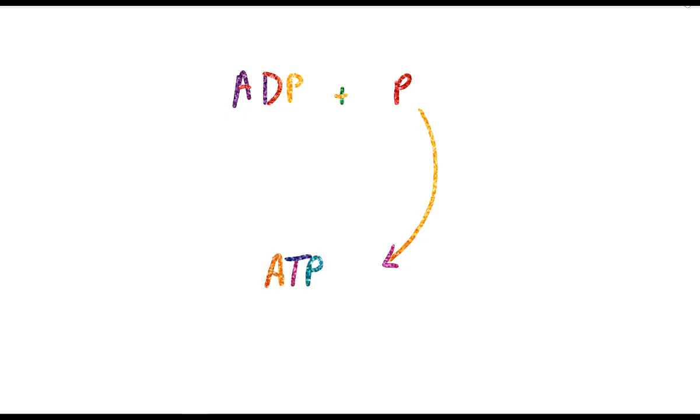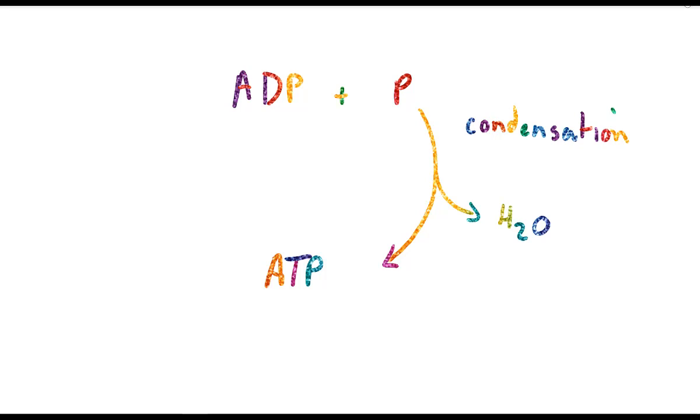Now, just to summarize that, if we start with ADP plus a phosphate, we can combine those to form ATP. That takes place in a condensation reaction. So what has to happen is we have to remove water.